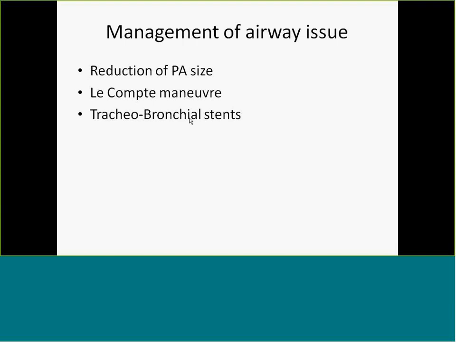And in later follow-up, you have to keep the airway patent, especially with tracheobronchomalacia. You have to refer to the ENT person to consider stents for tracheal and bronchial narrowing.